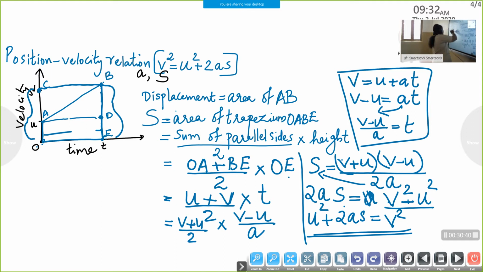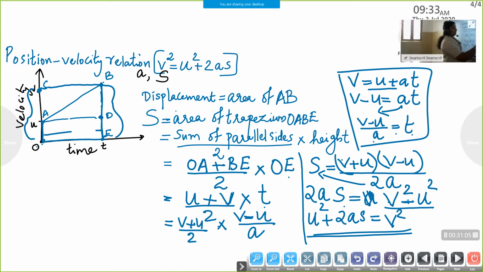And I have substituted OA as u, BE as v, divided by 2 into t. OE is t, you know that. Then u plus v, I have written v plus u, no change. v plus u by 2 into, from the first equation of motion, I have taken v minus u by a is equal to t and substituted here.